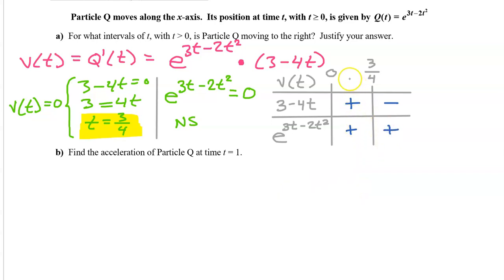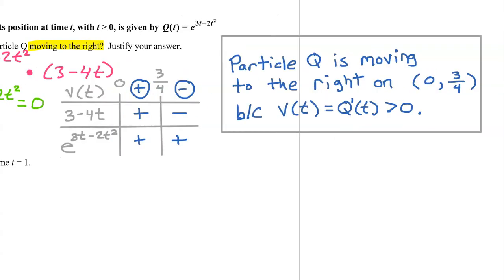A positive times a positive is a positive, so velocity will be positive in this interval, and a negative times a positive is a negative. So velocity is negative in this interval. So that means that the particle will be moving to the right between 0 and 3/4, and the particle will be moving to the left when t is greater than 3/4.